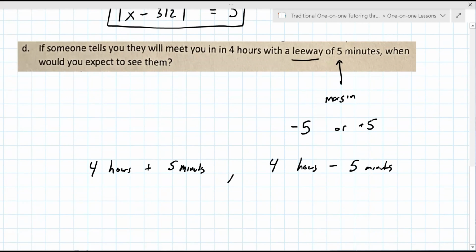Because time is a little bit different, this is 4 hours and 5 minutes. This one is 3 hours and 55 minutes. Time isn't base 10, time is base 60 in minutes. But anyway, nevertheless.